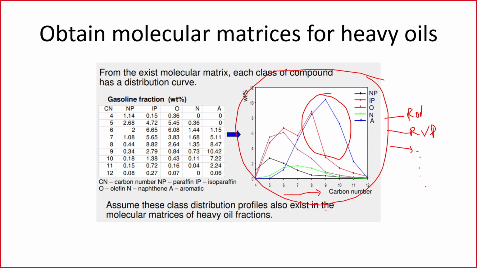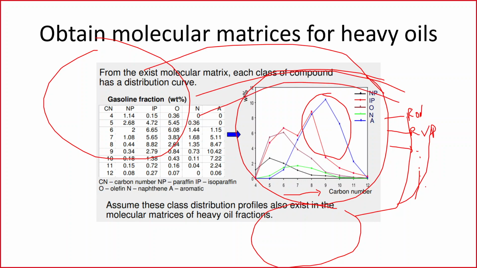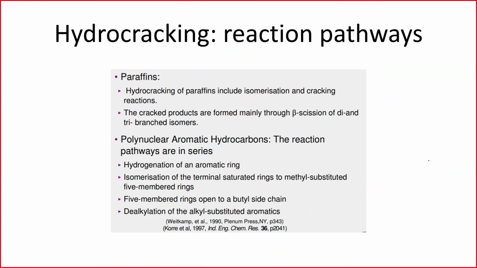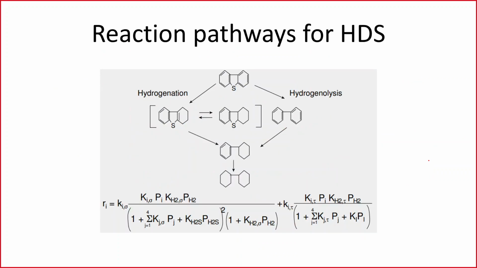Then they have another sample like this, with its own RON and RVP, and then more samples like that. Then they try to connect each of these samples with this data, and model that using all kinds of regression that you can think of. Okay, so the hydrocracking pathway is just a matter of making this more detailed.